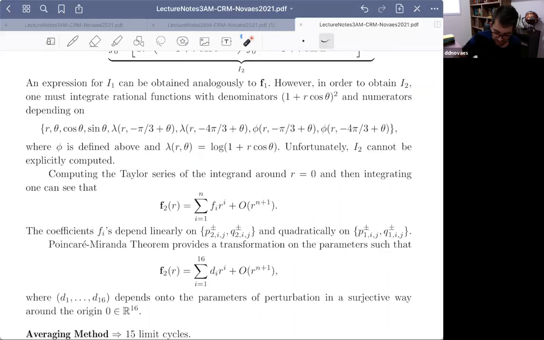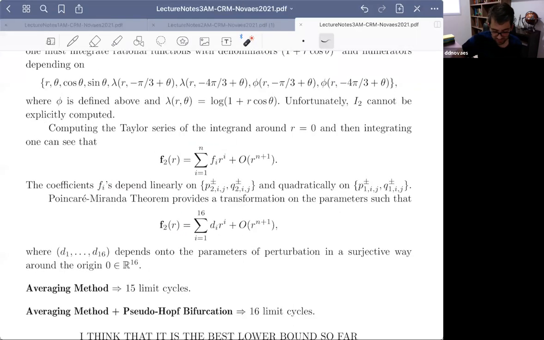When we did that, we concluded that F2 can be written as a sum of powers of R, and then after a lot of algebraic manipulation and also using the Poincaré-Miranda theorem, we were able to find a transformation in the coefficients such that F2 can be written like this.